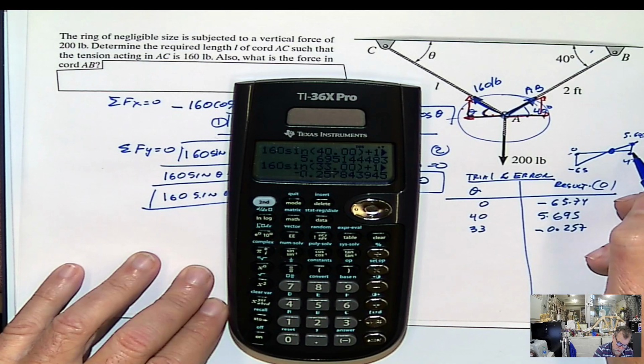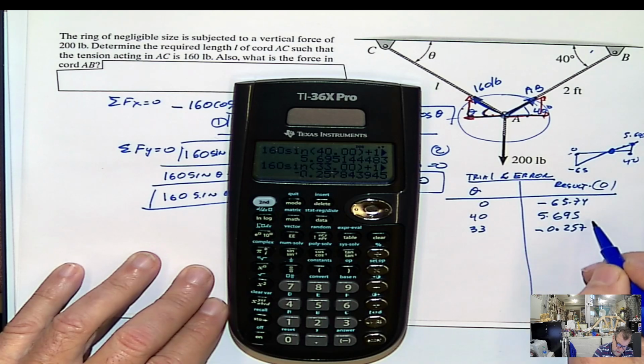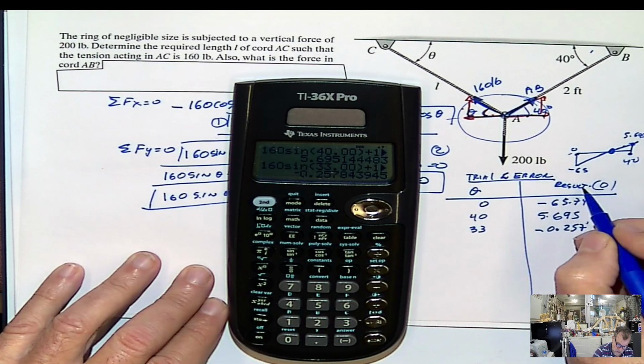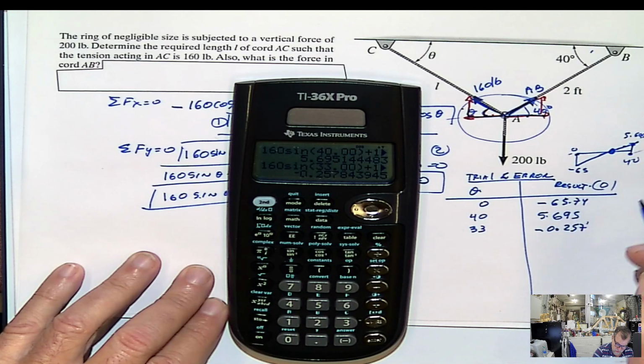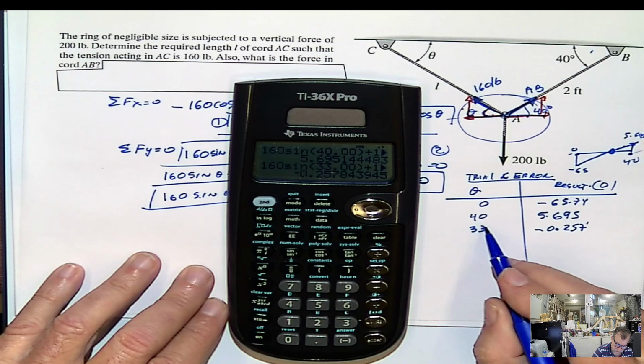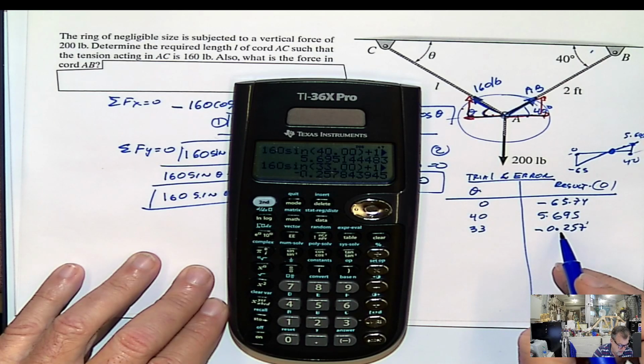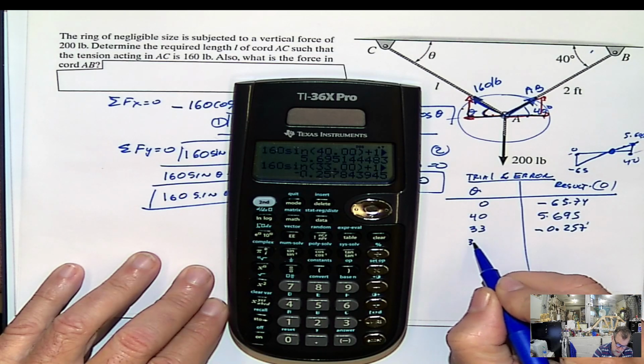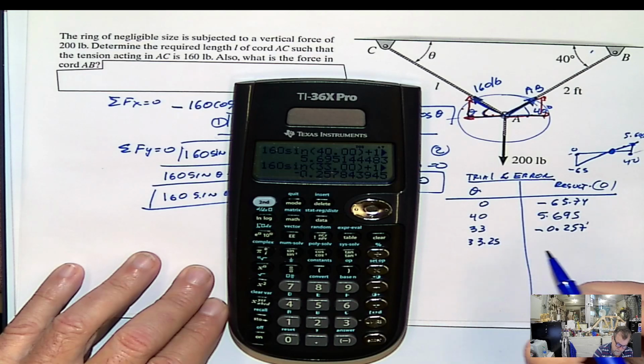We're still in the negative part, so this is not to scale, it should be plotted differently. But the answer is going to be slightly bigger than 33, and smaller than 40. So let's try 33.25.